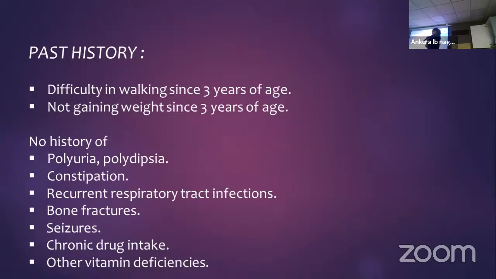Same thing, sir. I asked because growth hormone deficiency also presents with constipation, and renal tubular acidosis also. Vitamin D deficiency might be the cause of recurrent respiratory infection. Hypocalcemia may be a precipitating factor for recurrent bone fractures.